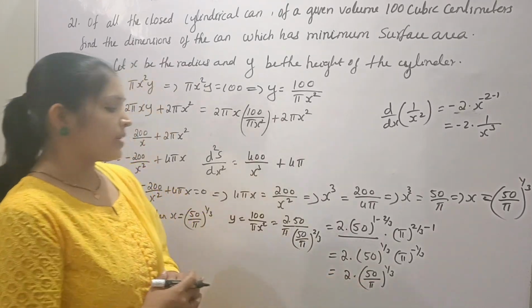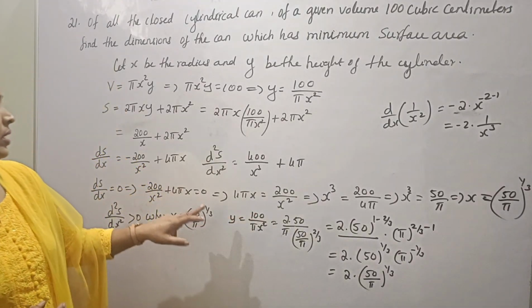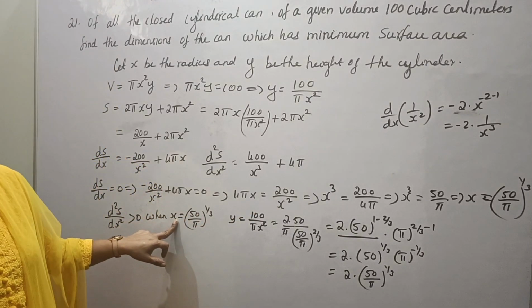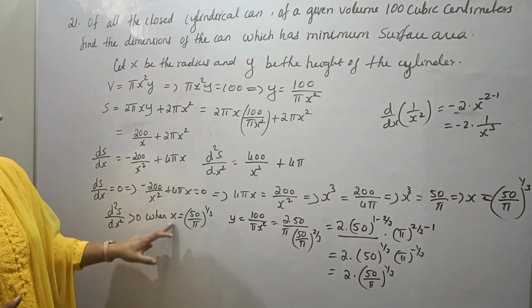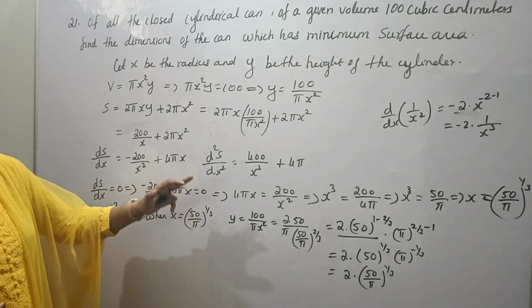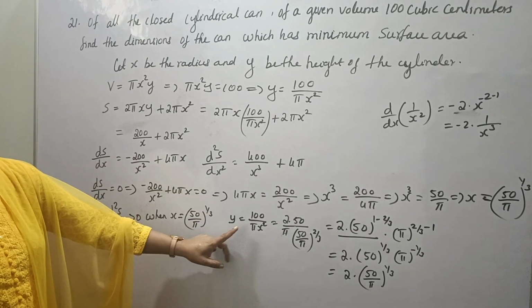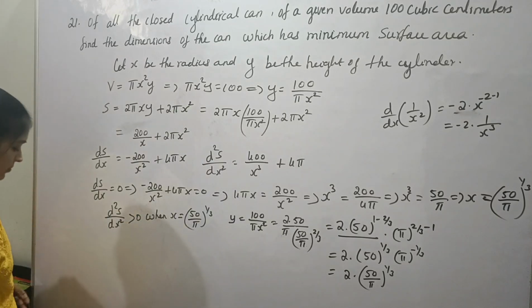So it is y. What is y? y is the height of the cylinder. So x is the radius of the cylinder. So when surface area is minimum, the radius is equal to 50 by pi whole raised to 1 by 3 and the height is equal to 2 into 50 by pi whole raised to 1 by 3. Okay.